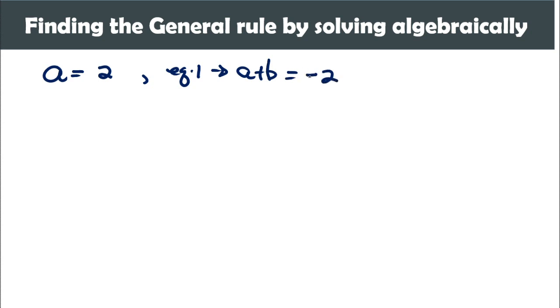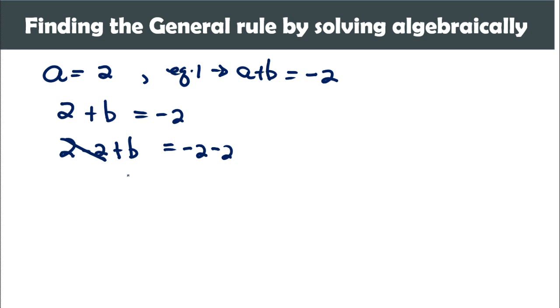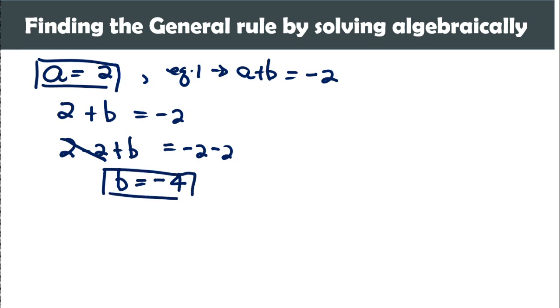So we have 2 plus b is equal to negative 2, and subtract both sides by 2, so we have 2 minus 2 plus b equals negative 2 minus 2. So these cancel out. Then we have b is equal to negative 4. So we have now the values of a, which is 2, and b, which is negative 4.